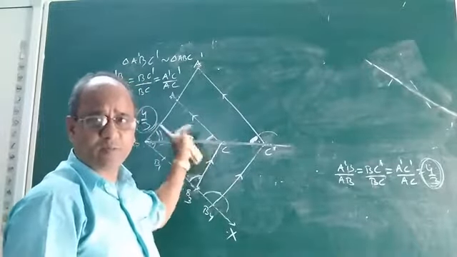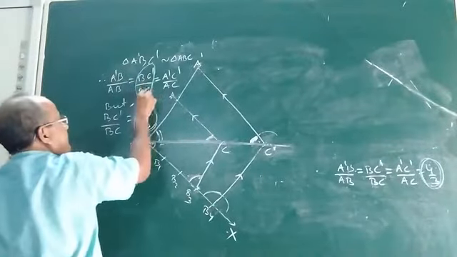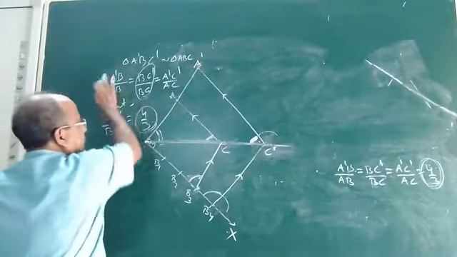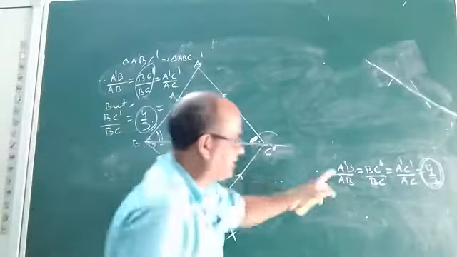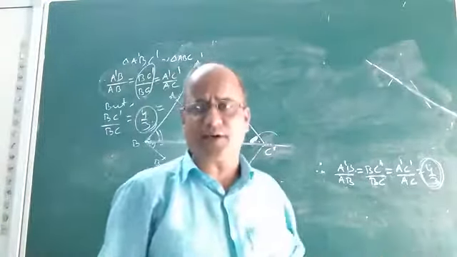So no doubt the ratio of BC dash by BC will be 4 by 3. So if BC dash by BC equal to 4 by 3, then each ratio is equal to 4 by 3. That I have written here. So this is the justification.